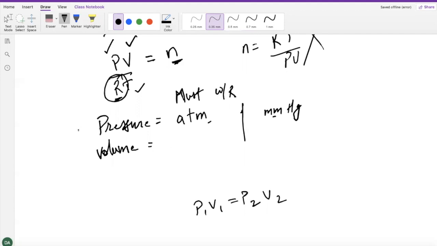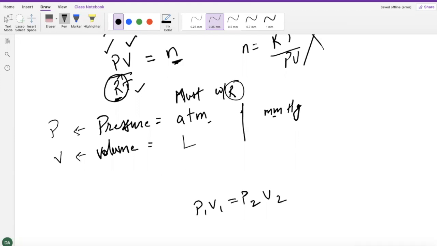The symbol for pressure is P, the symbol for volume is V, but what is the unit? Like atm is a unit and mmHg is a unit for pressure. For volume, it's mL or L, so milliliters or liters, right? It's liters that we need when we have R next to us. In our equation, if we have R, we must stick with liters.